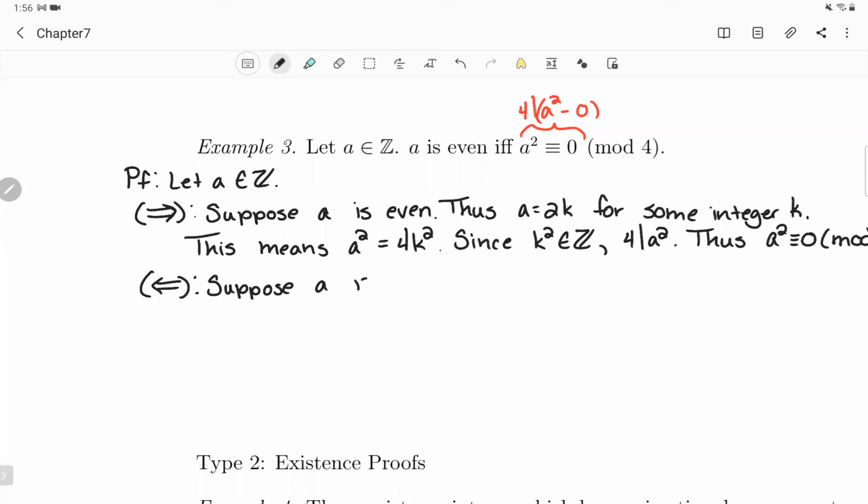Suppose a is odd, and that gives me a much easier starting point. So suppose a is odd. Then a equals 2k plus 1 for some integer k.